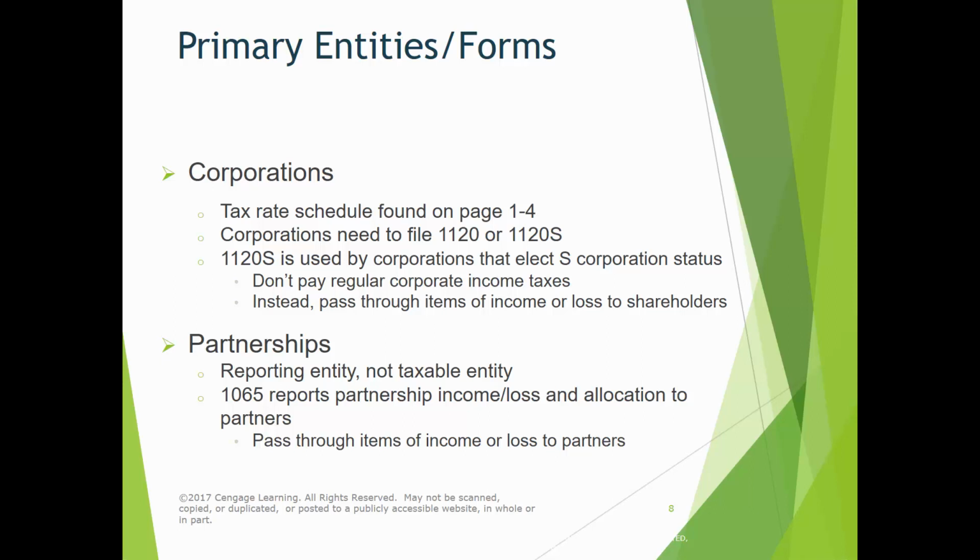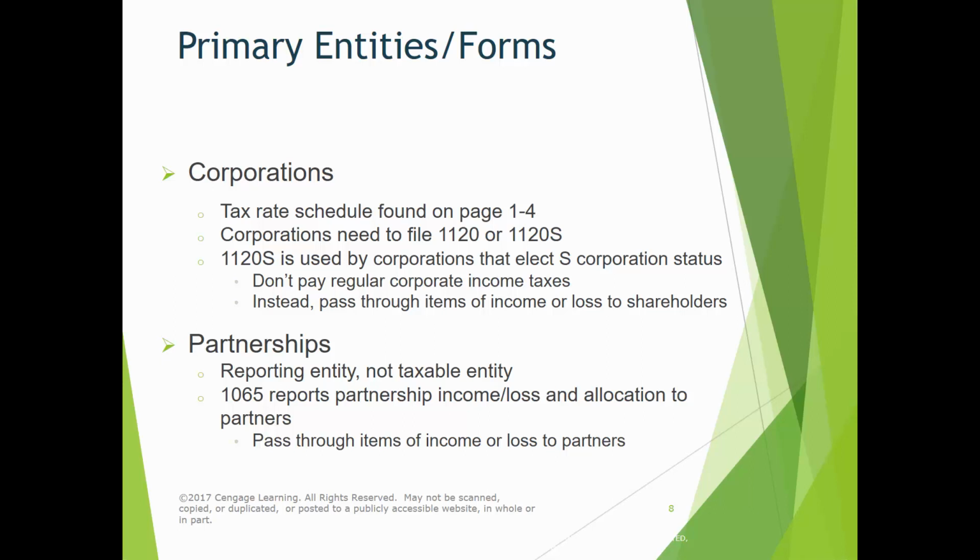I'm not going to spend a ton of time on this because we're not doing corporations or partnerships, but neither S corps, 1120S, neither S corps nor partnerships pay tax. They actually file tax returns and then issue K1s to the partners and the shareholders. So if John, Klaus and I had a partnership together, 40, 30, 30, and our partnership made 100 grand, we'd each get a K1, 40,000, 30,000, 30,000, our distributive share of the partnership.